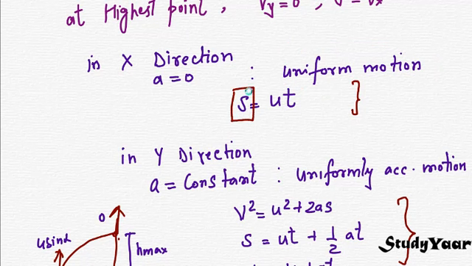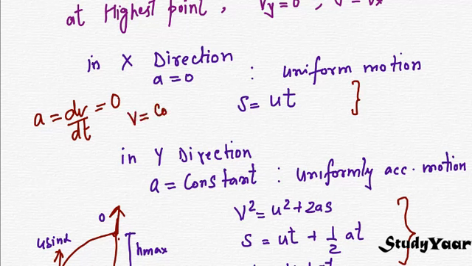S is the displacement, u is the initial velocity, which is also equal to the final velocity, because when you have no acceleration, it means that your velocity is constant. Look, a is equal to dv by dt, right? If your a is 0, it means that dv by dt is 0, which basically means that your v is constant.